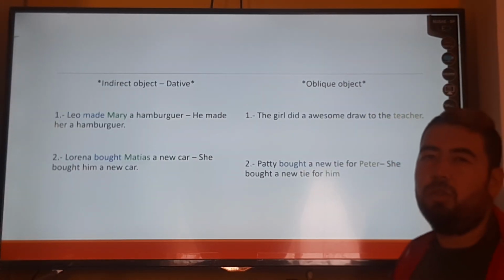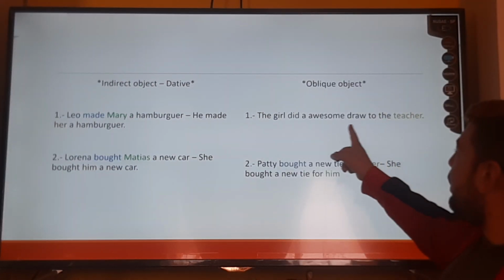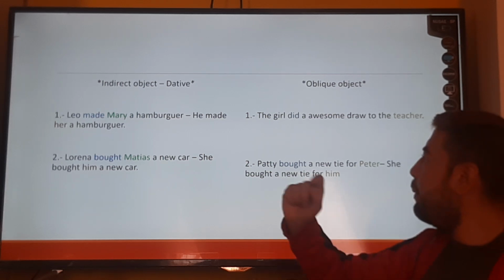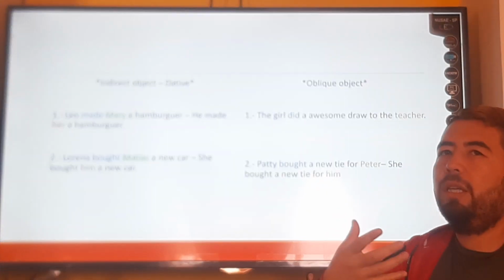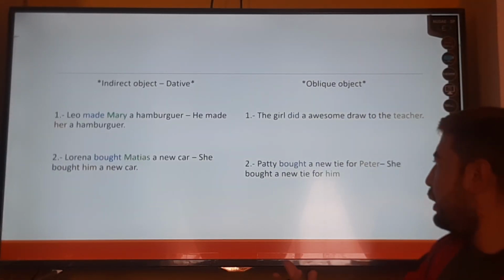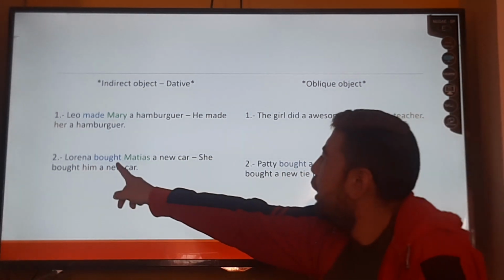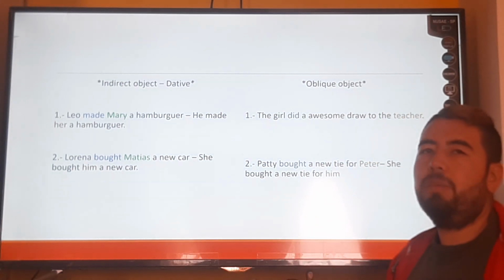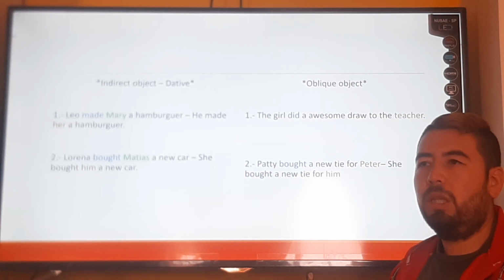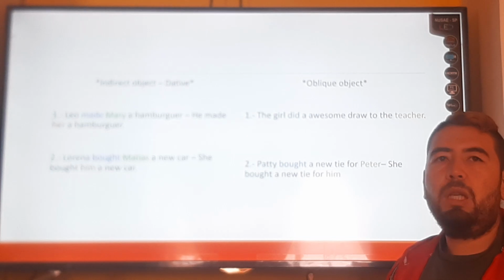Who received the action? In this case, the teacher received the action, because the girl did a drawing and gave the drawing to the teacher. Why do I use him or her? It's simple, because it's necessary to replace the nouns using object pronouns.